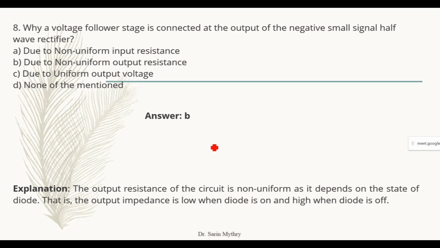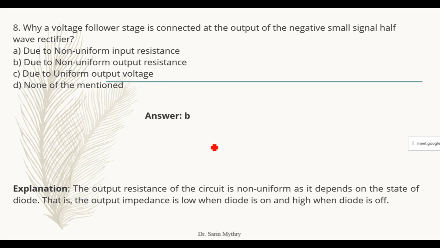Whenever the diode is conducting, whenever it is forward biased, there is a continuous flow of voltage, which means the impedance of that circuit is very low. If the voltage is not flowing across the circuit, the impedance is very high.